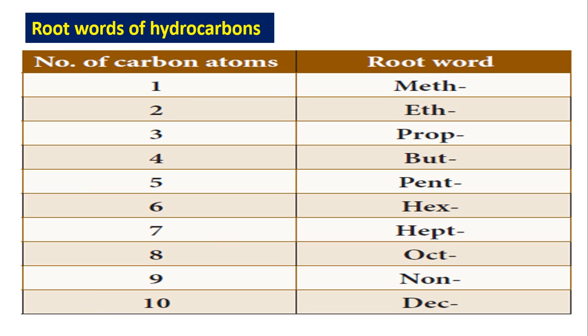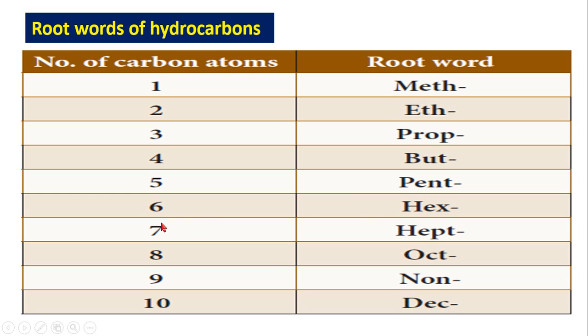Here, the number of carbon atoms is 1, the root word is meth. If it is 2, it is eth. If it is 3, the root word is prop. The number of carbon atoms is 4, the root word is but. If it is 5, the root word is pent. If it is 6, the root word is hex.